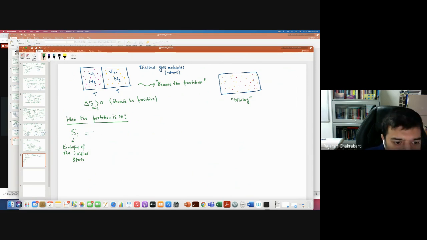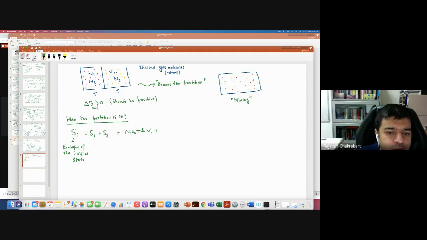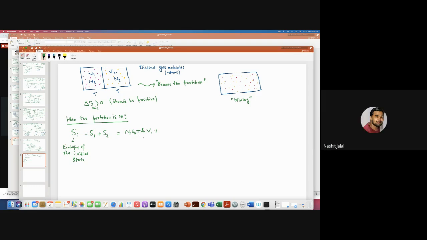This is equal to S1 plus S2. Be very careful. Initial state means S1 is for box 1, S2 is for box 2. So there will be no T here. Yes, you're right.